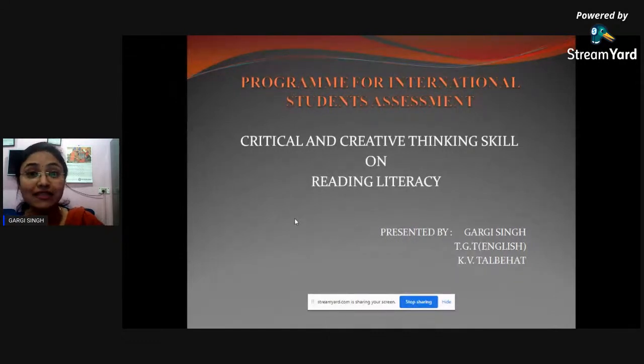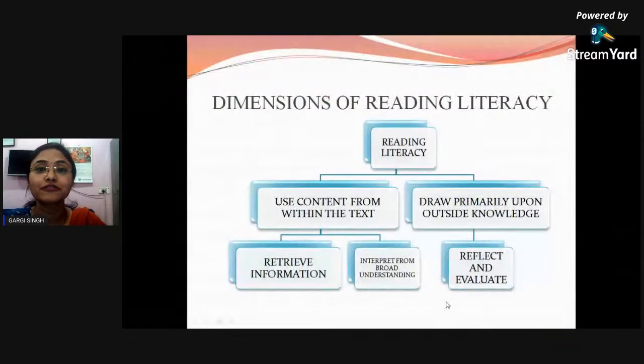Before I bring up my task, I will first draw your focus towards the dimensions required for reading literacy. When you get a piece of information or a text, what are the ways through which you comprehend it?